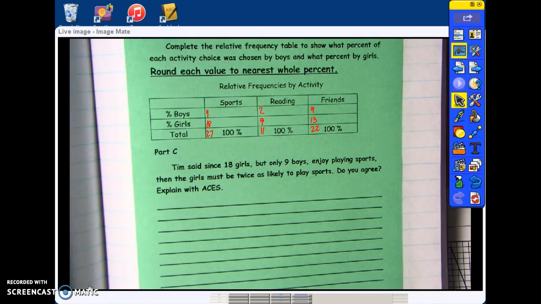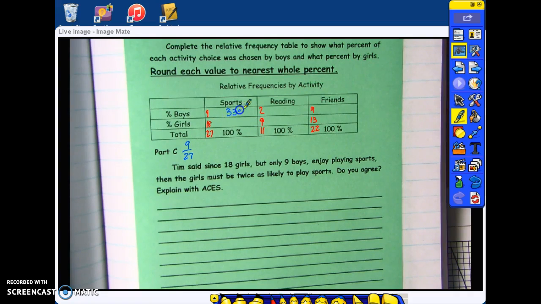Part B on page 39 says complete the relative frequency table to show what percentage of each activity choice was chosen by boys and what percent was chosen by girls. Round each value to the nearest whole percent. So for sports, there were 9 out of 27. 9 divided by 27 is 33%.